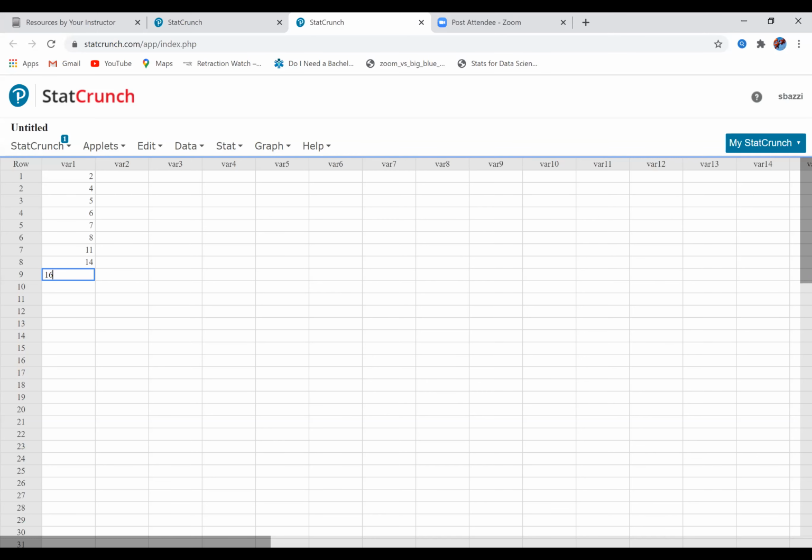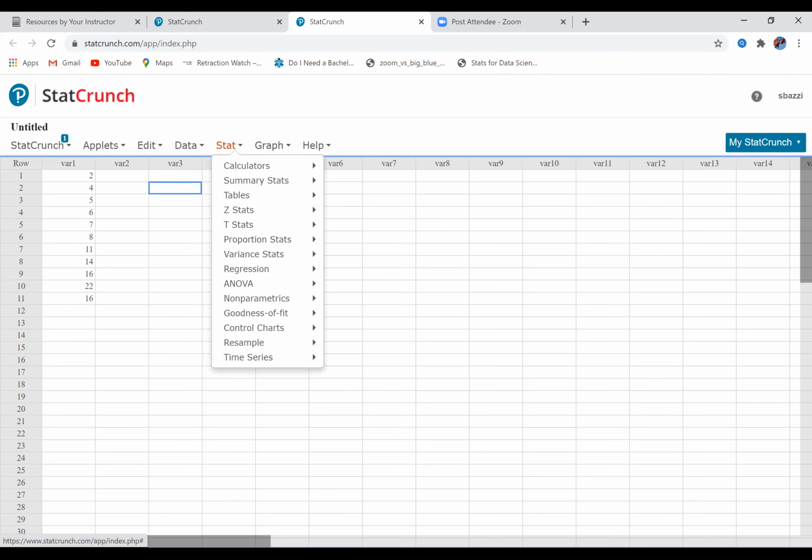Let's say you had a data set and you need to find a confidence interval. Usually when you have data sets, guys, it's most of the time a T interval. So we go to Stat, T-stat. Unless you know for sure it's Z, then you go there. One sample. We're only doing one sample in this chapter.